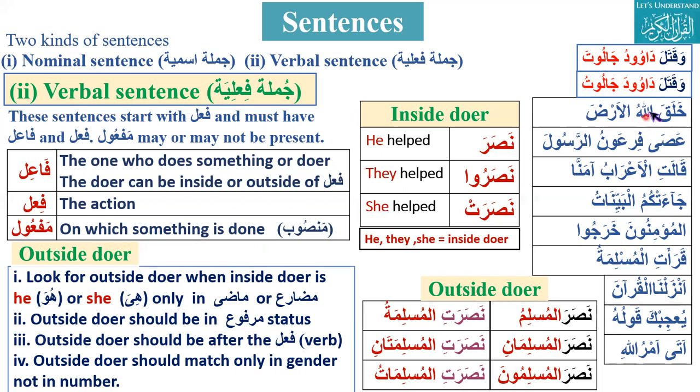So instead of saying he created, we say Allah created the earth. Allah is the fa'il, khalaqa is the fi'l, al-ard is the maf'ul, and that is mansub. So the complete translation: Allah created the earth. Very nice, mashallah.